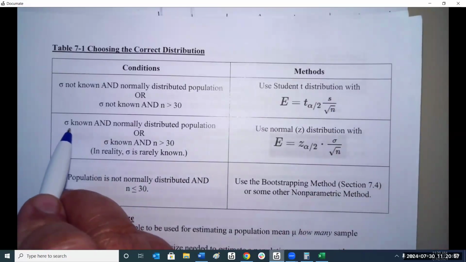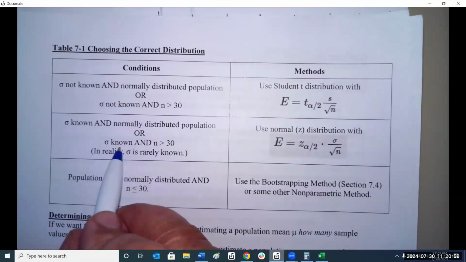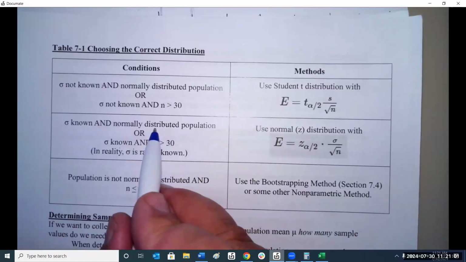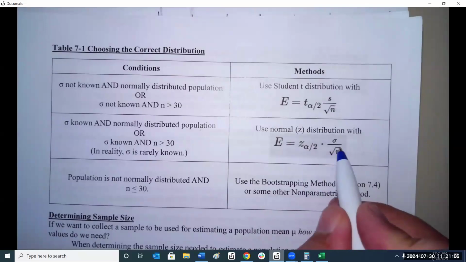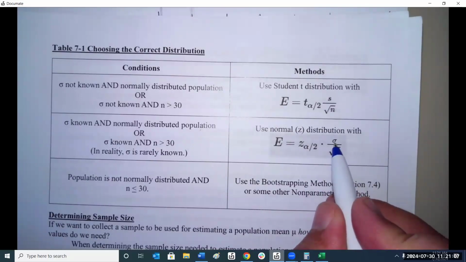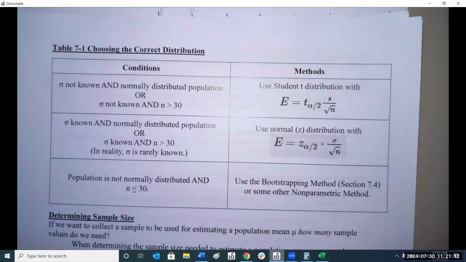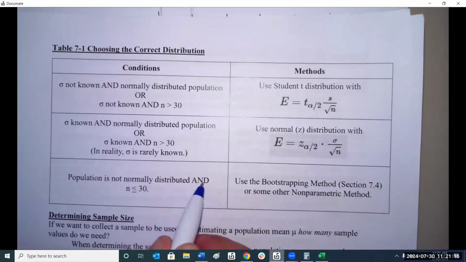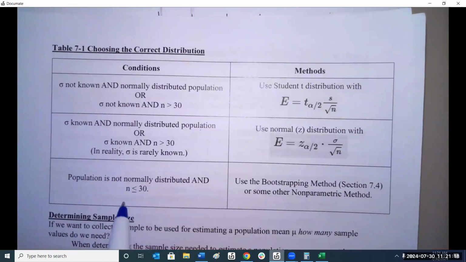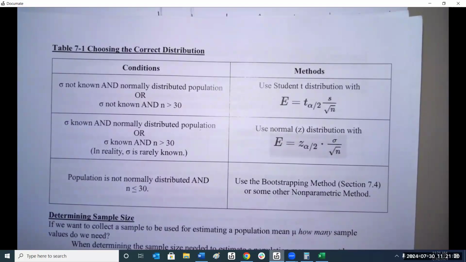If we know the population deviation and it's either normally distributed or n is bigger than 30, then we use a z-score and the population deviation. But if it's not normally distributed and n is less than 30, then we have to use another non-parametric method.